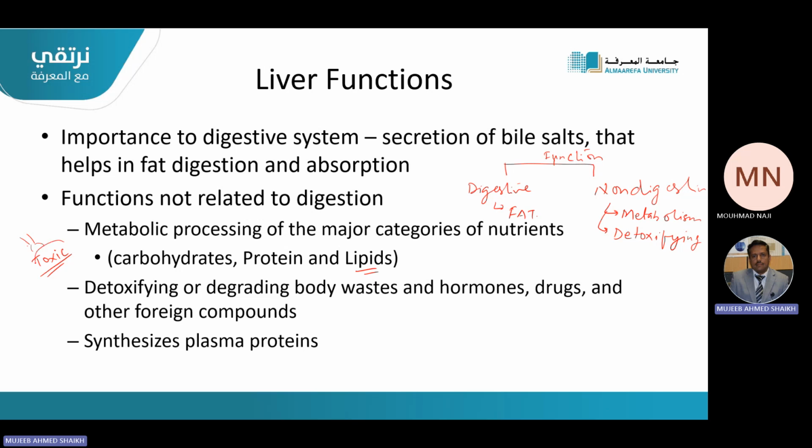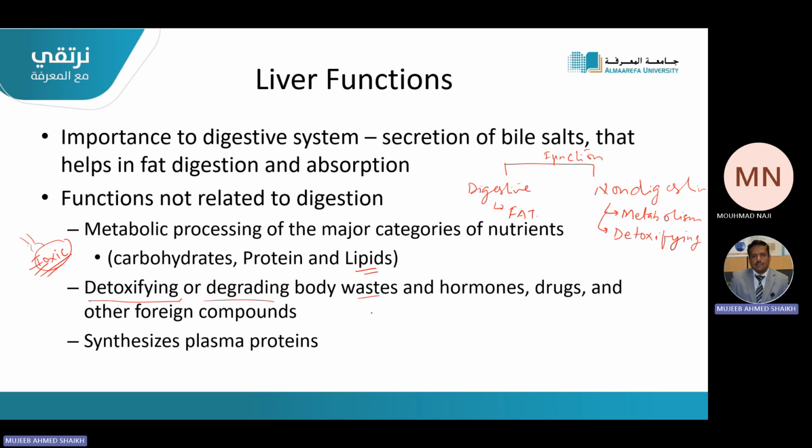If these toxic substances are not neutralized, they may cause problems or dysfunction of various organs in the body. One function of the liver is to detoxify or degrade them, break down these toxic substances into waste products, and then they will be removed from the body.